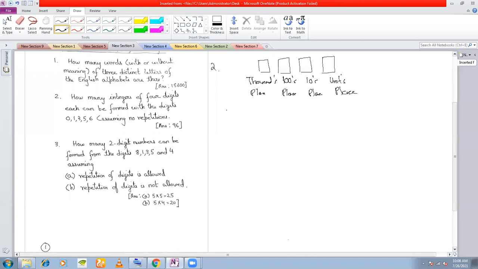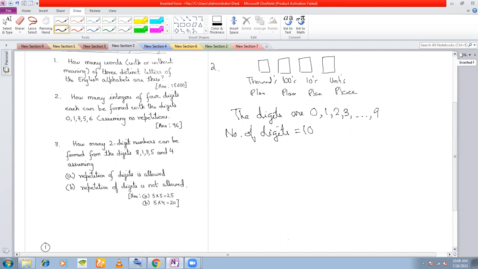So how many integers are there? Number of digits. The digits are 0, 1 up till 9. Zero, 1, 2, 3, and up till 9. So number of digits here are how many? 10, right? So these 10 digits you will have to put in the 4 places.